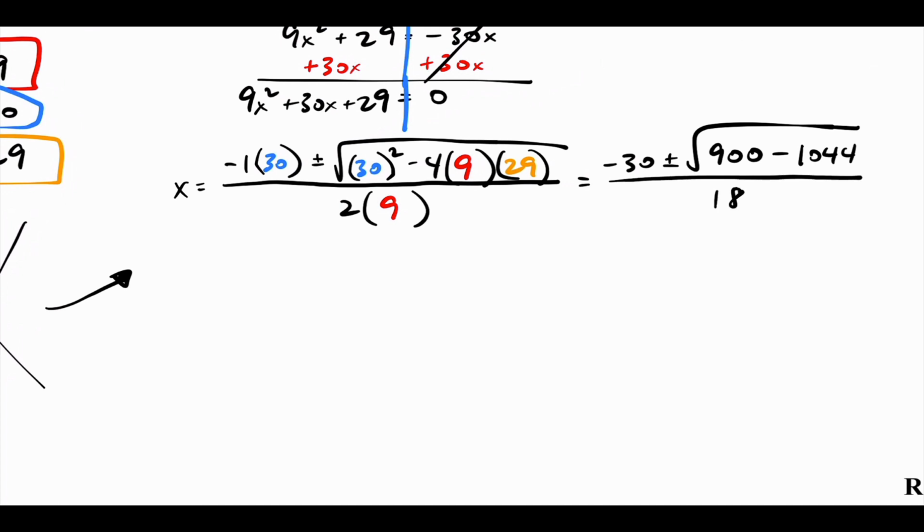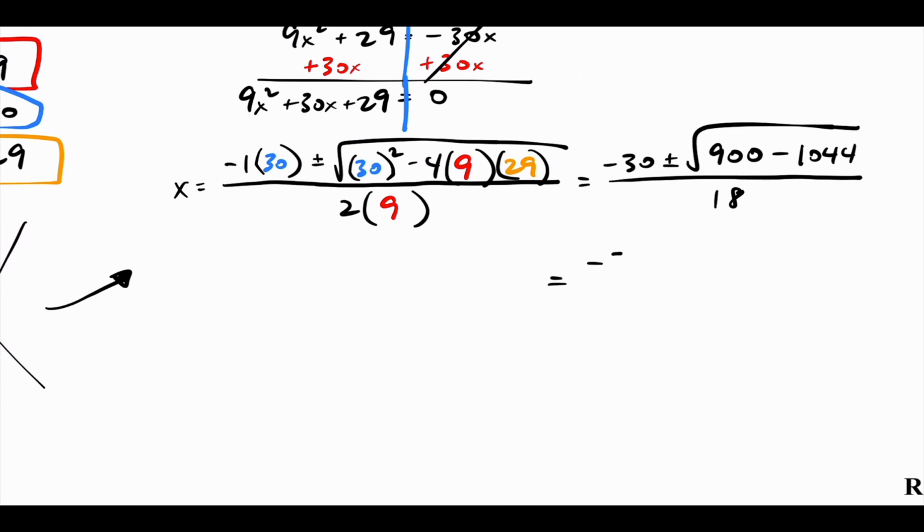And then 2 times 9 is 18. Okay. Now I have to subtract. You can see right now that 900 minus 1,044 is going to be a negative number. That's why your calculator couldn't do it.